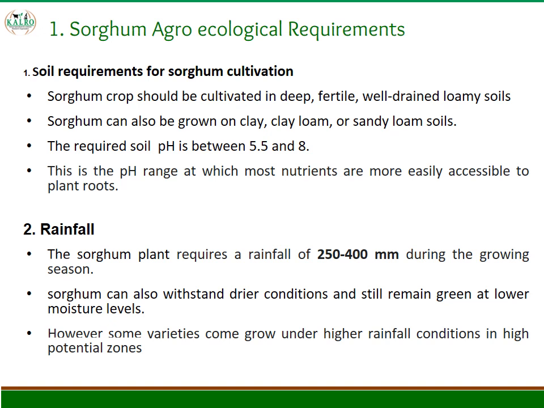So, depending on the variety, you will find some varieties which can grow with minimal rainfall throughout the season and still give yields. However, some varieties can also grow under higher rainfall conditions in high potential areas. It doesn't mean that because sorghum needs very little rainfall to grow, people in the high potential areas cannot grow sorghum. There are sorghum varieties for their areas also.